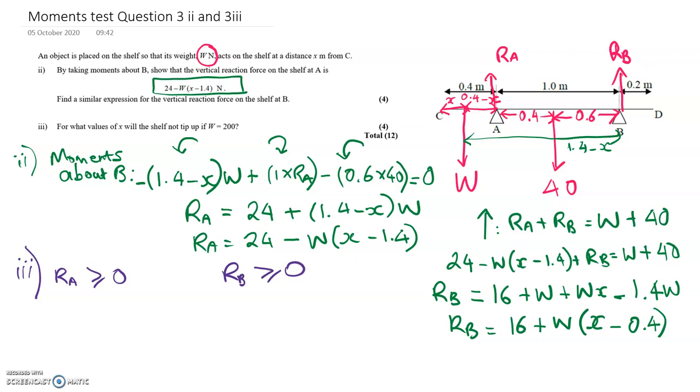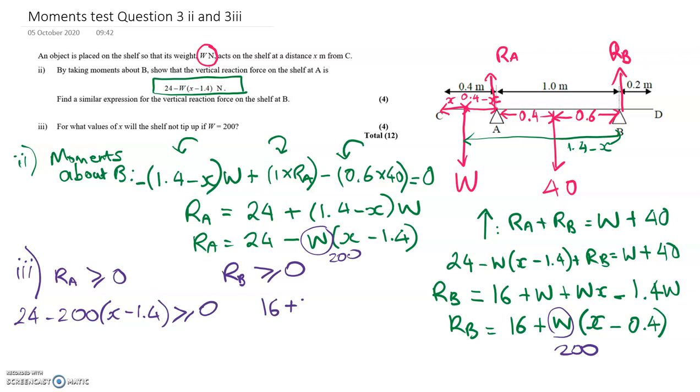So put 200 in here for W and here as well. You then have 24, take away 200, x minus 1.4 has to be greater than or equal to 0, and also 16 plus 200, x minus 0.4 has to be greater than or equal to 0.